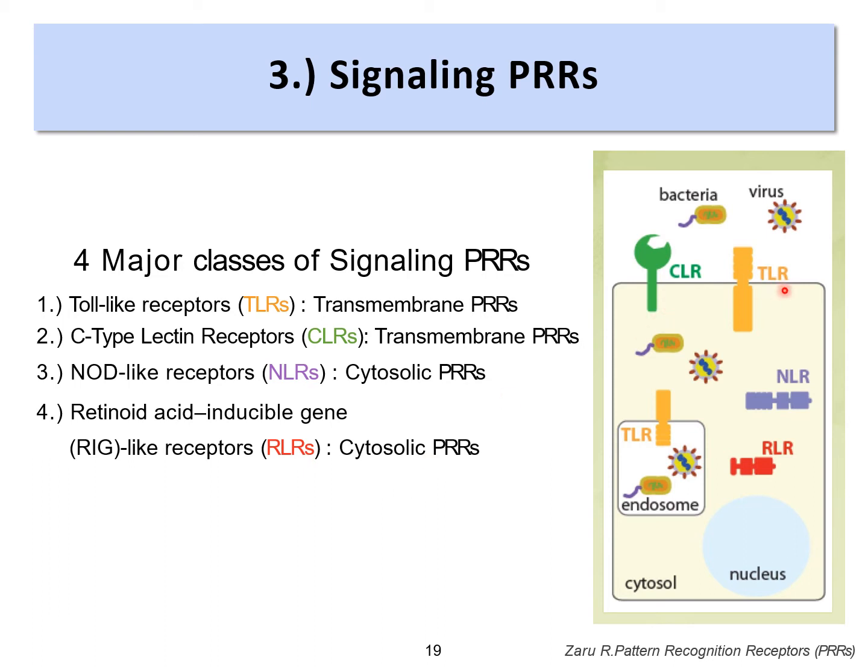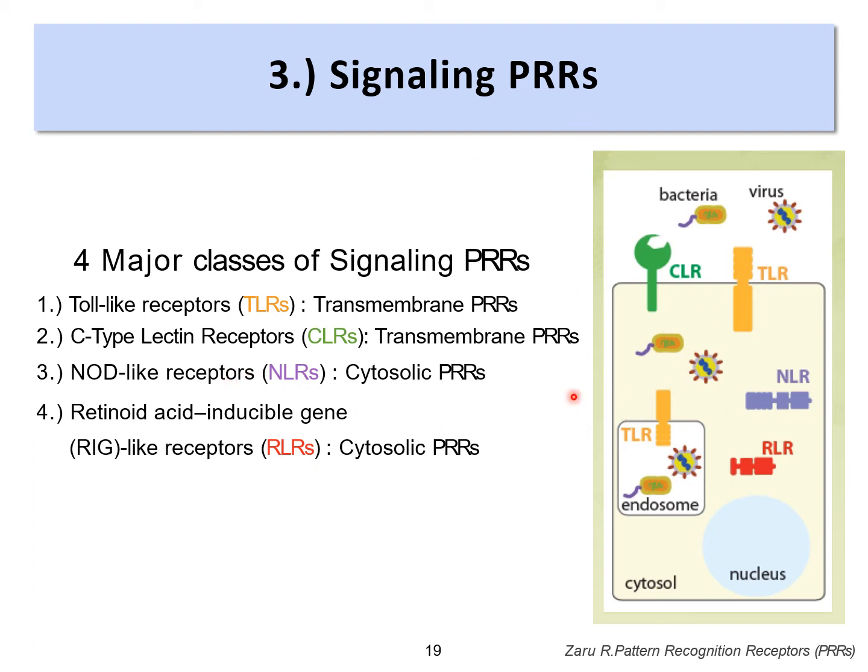So two are transmembrane, and two are cytosolic, the NLR and the RLR. Signaling means they will trigger pro-inflammatory signaling pathways.